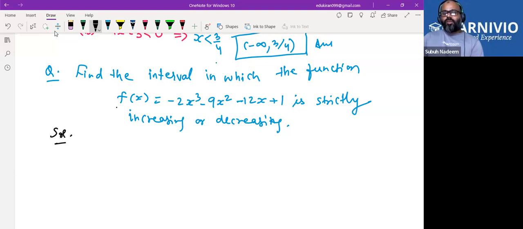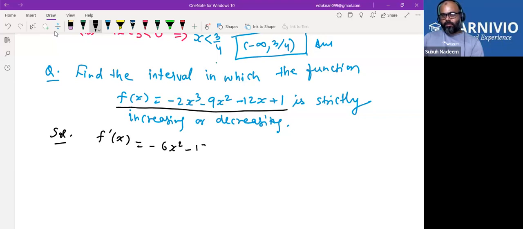When you differentiate this, f'(x), what will you get? Minus 6x² minus 18x minus 12. So you can take minus 6 common and it will become x² + 3x + 2.